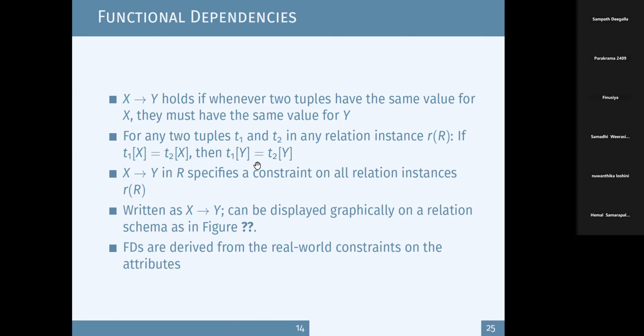If we have two tuples, and we use the term tuple, but it means two records. Given a tuple T1, if you have a particular attribute value, and the value is the same as in another tuple. As I mentioned earlier, let's say the city is Peradeniya in two different rows.